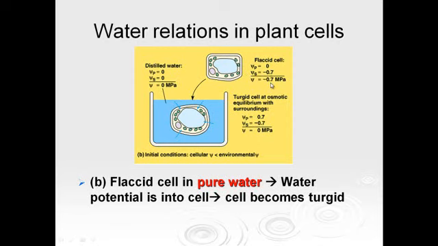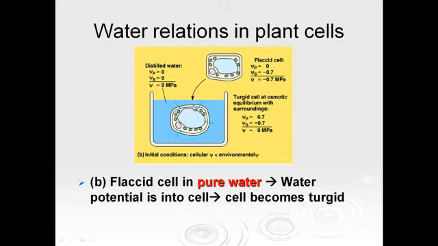Well, 0 and negative 0.7 is a negative 0.7. You put that cell inside here, and the water is going to move from 0 to negative 0.7, so from high to low, water is going to move into the plant, and when it does, it pushes against the plant cell wall.